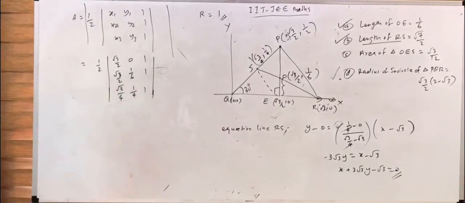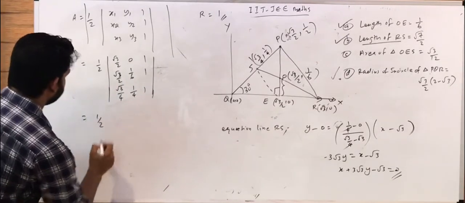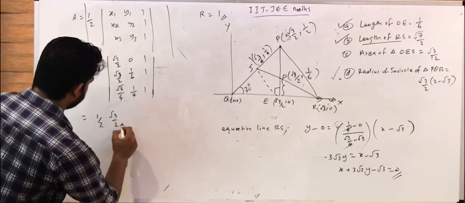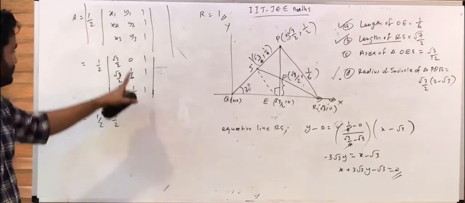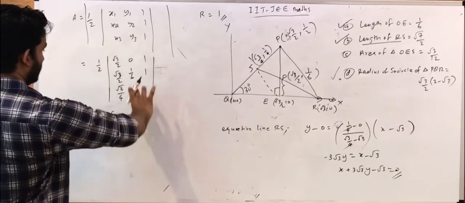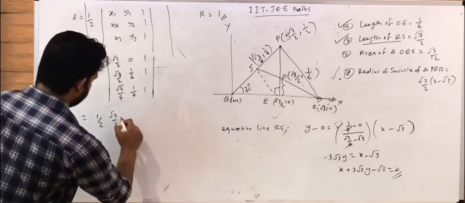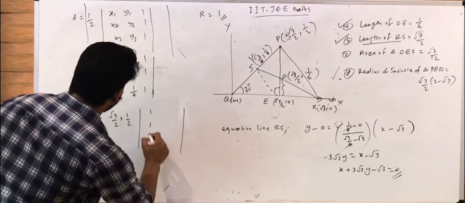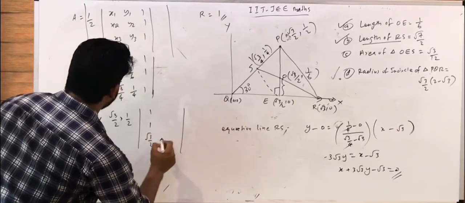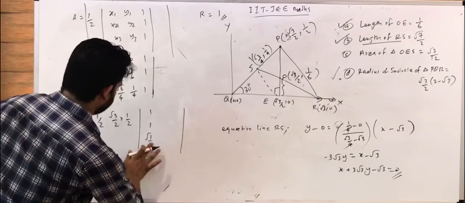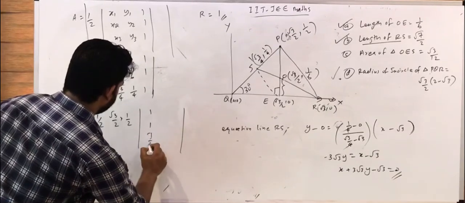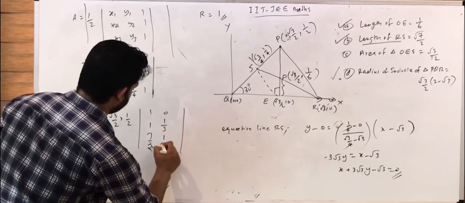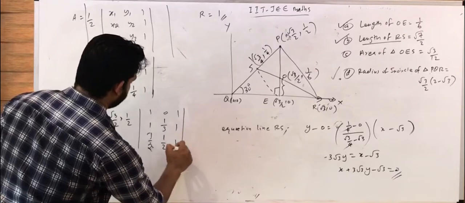From this determinant we can take root 3 by 2 outside from this column, and we can also take 1 by 2 from this column. So the determinant changes to 1 1 root 3 by 1 1 1 by 2 0 1 by 3 1 by 2 1 1 1.